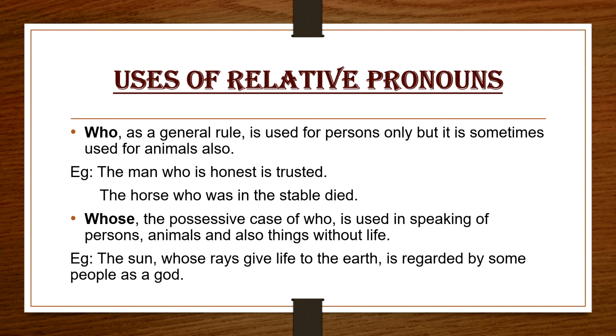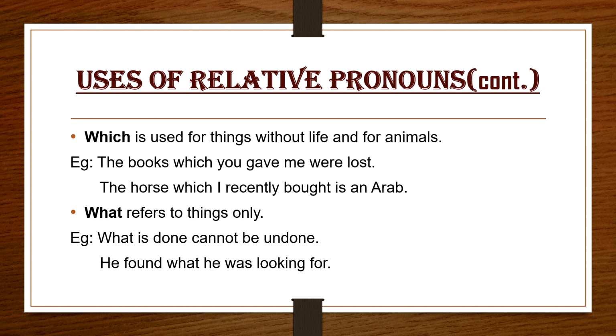Now, whose is a possessive case of who, and it is used in speaking of persons, animals and also sometimes things without life. The sun whose rays give life to the earth is regarded by some people as God. Which is used for things without life and for animals also.